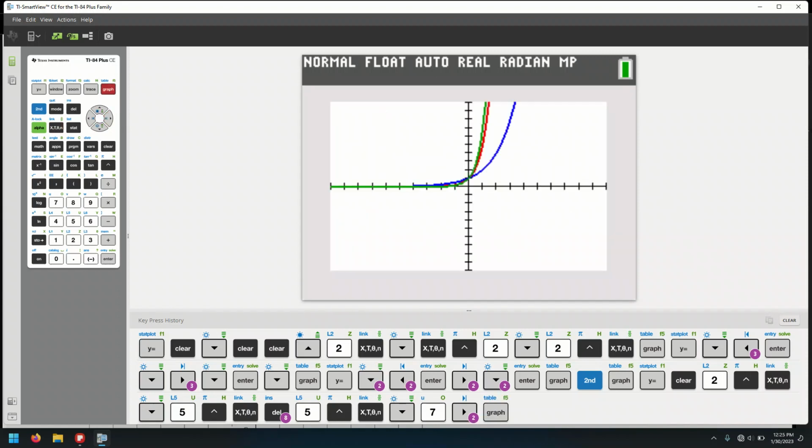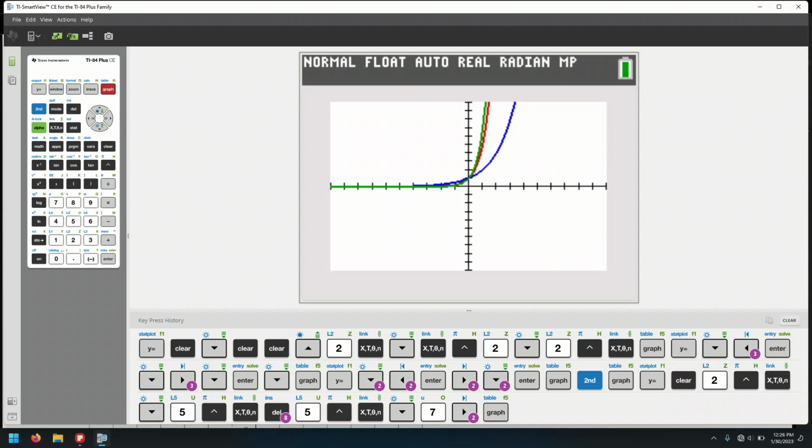Well, all we can see right here is that the bigger the base, I mean, it goes from 4 and then, what was that? 6 and 7, right? No, it was 2, 5, and 7. So all we're doing here is raising 7 to the same powers as the other functions, and because it's a larger number, it's going to grow a lot more rapidly than the other exponential functions.